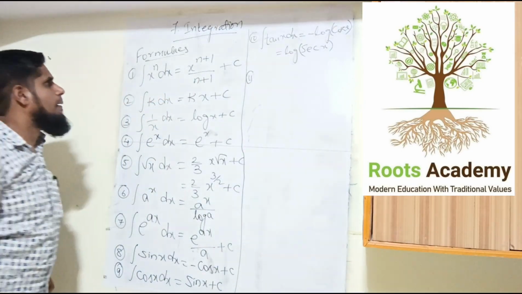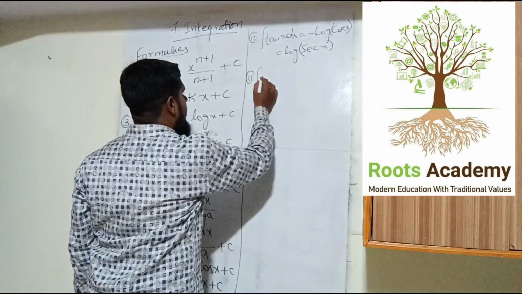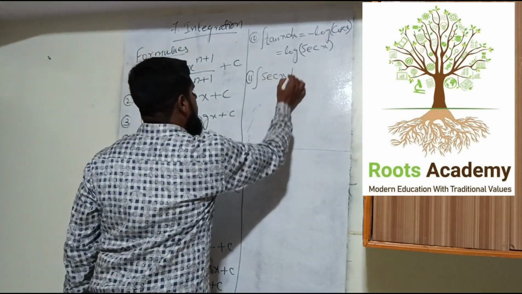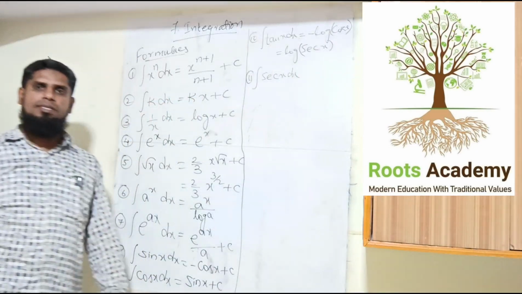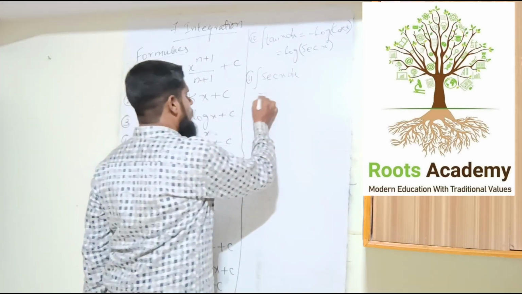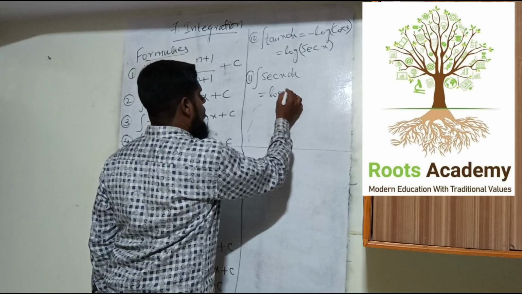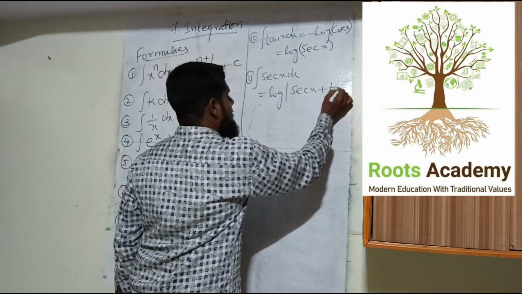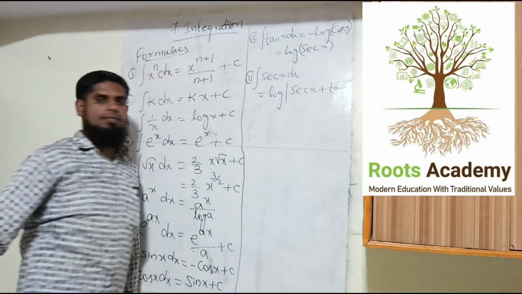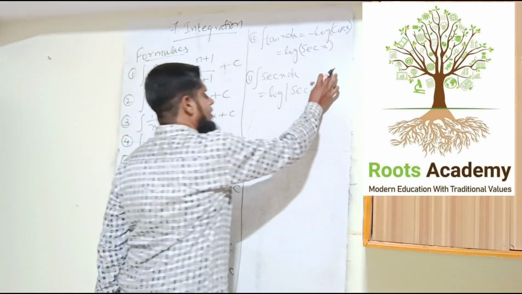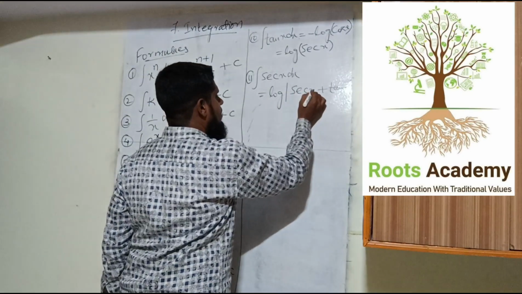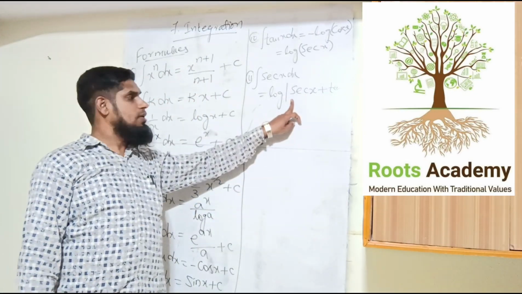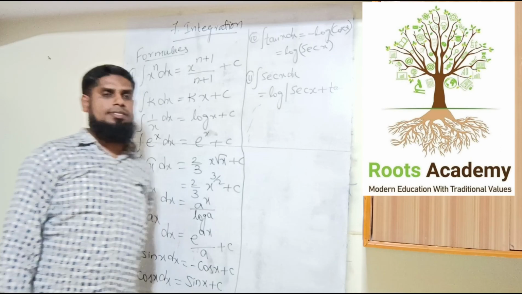Then next is integration of secant x dx. This equals log of mod secant x plus tan x. With mod we should take this secant x plus tan x.